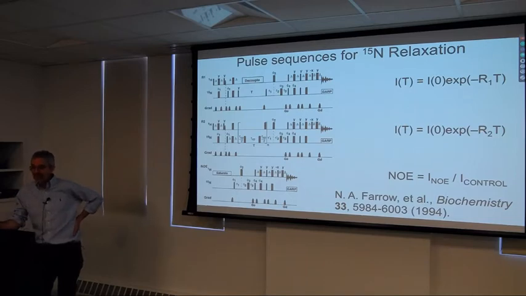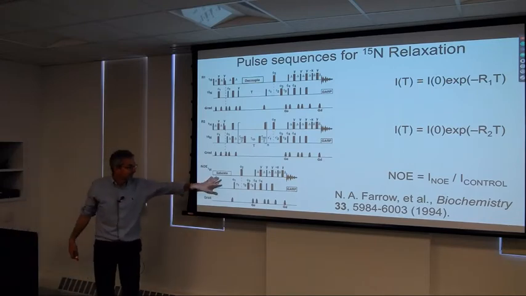So that's probably a minimum. Ray Freeman used to joke, if you know what your T1s are, leave 5. If you don't know what they are, leave 7. And one problem would be, in this case, on average they're 1 second in RNase H, but the more flexible sites are maybe longer T1s, and then you need an even longer time here.